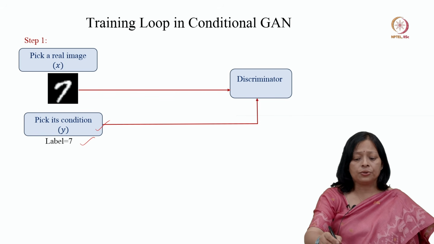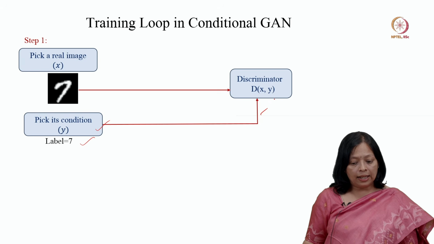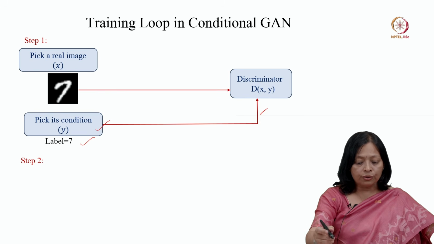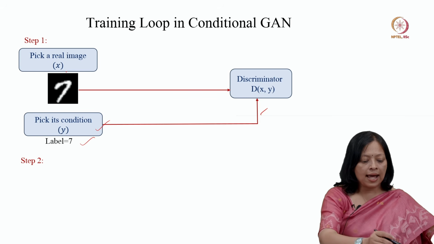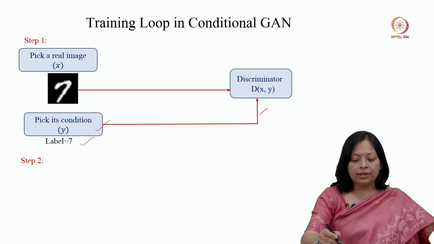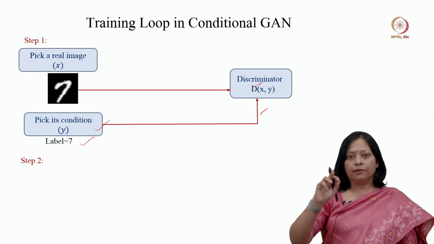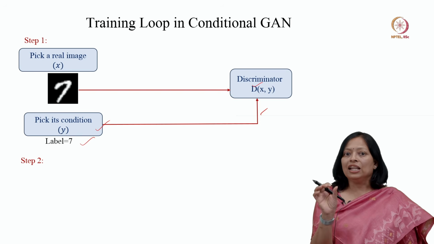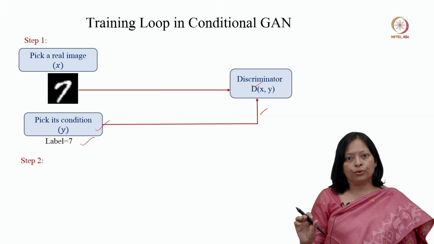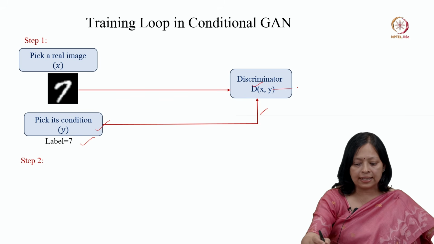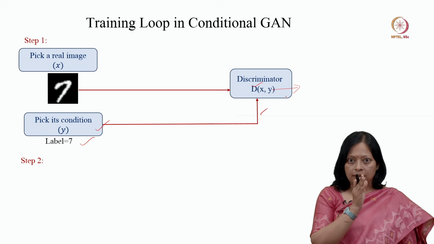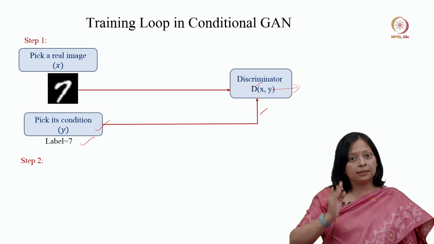This also is given to the discriminator. In step 2, the discriminator gets both the real image and the condition. D of x comma y gives the probability score given by the discriminator for the real image and the class label.